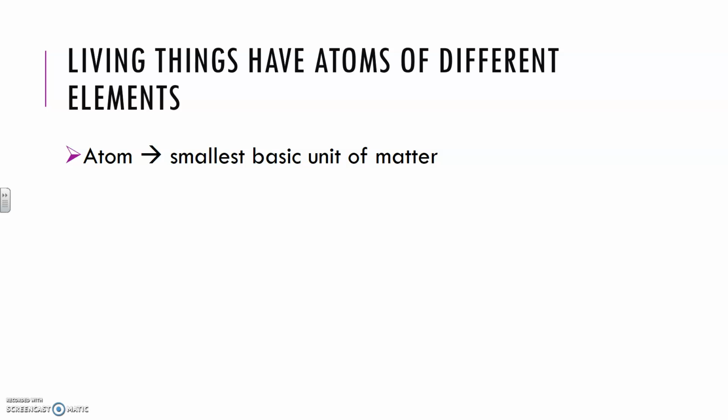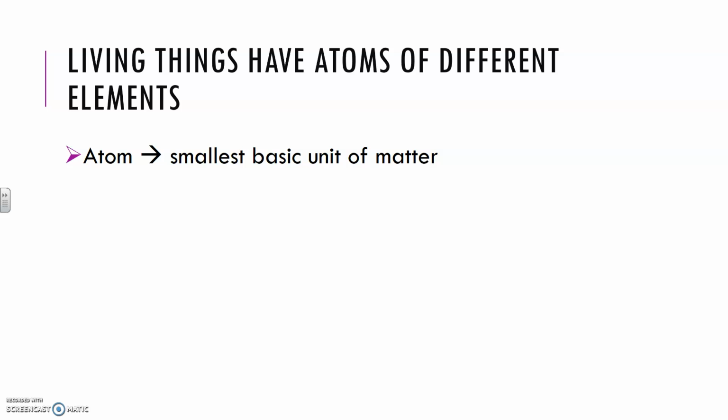So a couple definitions here. An atom is the smallest basic unit of matter. There are 118 different elements, so basically 118 different variations on the atom. Not all of them are stable, so some of them only exist for a tiny fraction of a second.